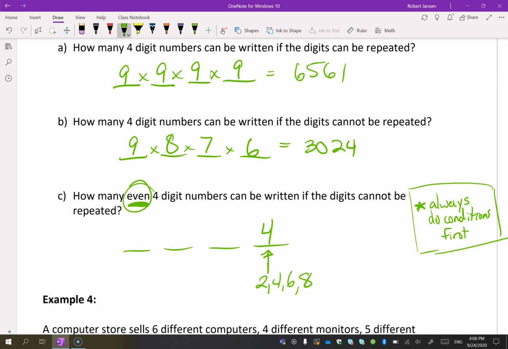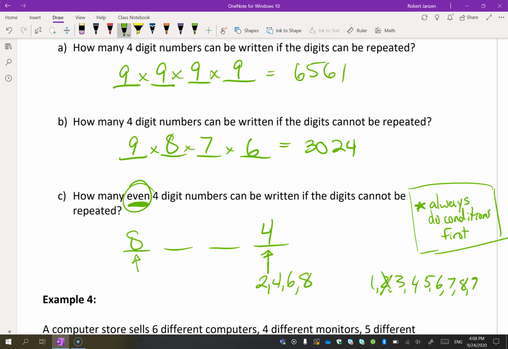Okay, so now you've used one of the numbers. So these are my choices. And let's say I used the number 4. Let's say I use that to make it even. It doesn't have to be 4. You know, let's say we use 2. It's the same question. How many digits are left to use for this spot? Well, now there are 8 for that spot because I've used one up already.